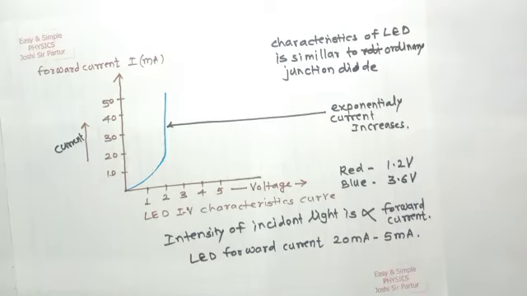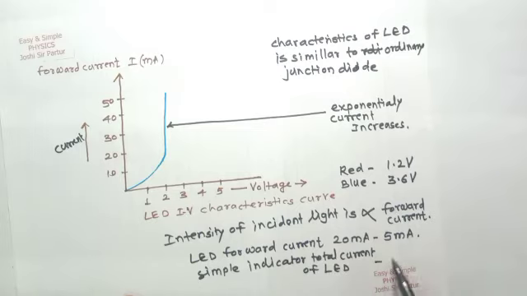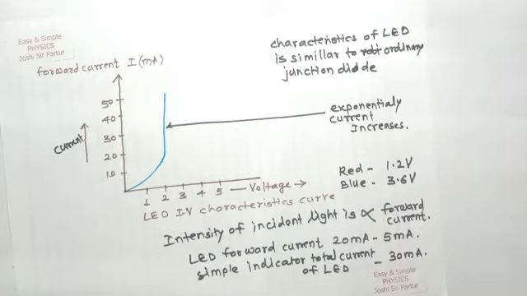For a simple indicator, the total current of LED is 30 milliampere. So these are the characteristics of LED, which is similar to an ordinary diode.